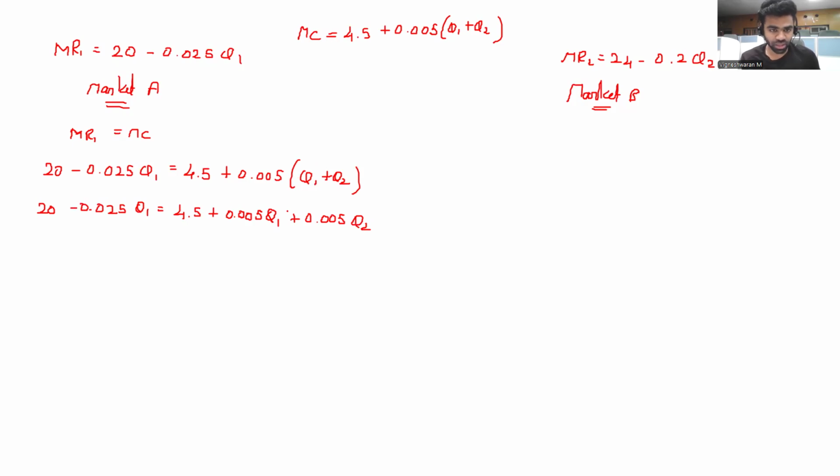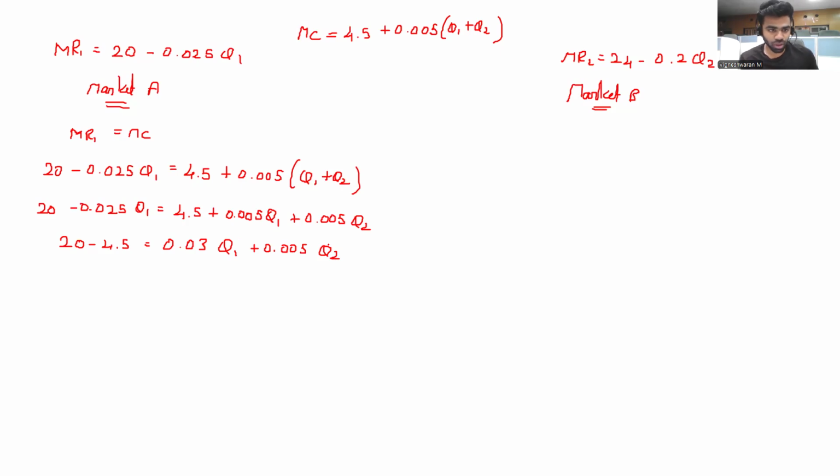Okay, so now bring the variables to one side. So 20 minus 4.5 will be equal to 0.03 Q1 plus 0.005 Q2.